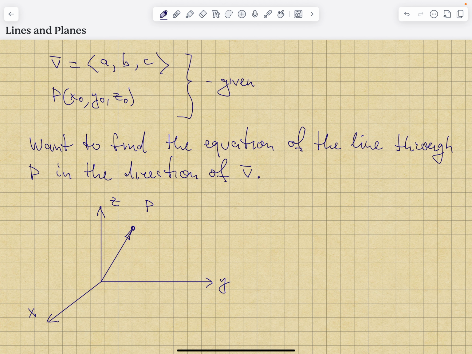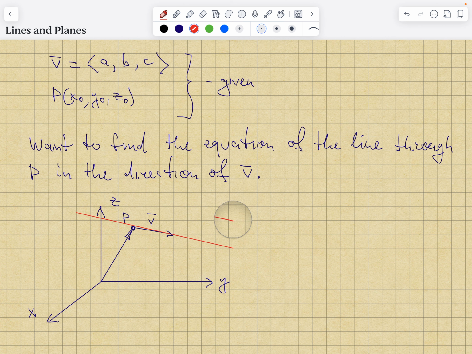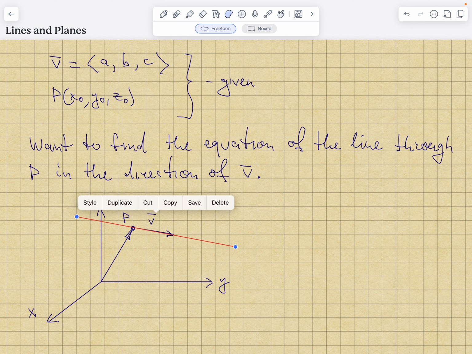You have a vector v, let's say pointing in this direction, and we want to find the equation of a line that passes through P in the direction of v, and let's just make sure that this happens here. Okay, so the line is L.